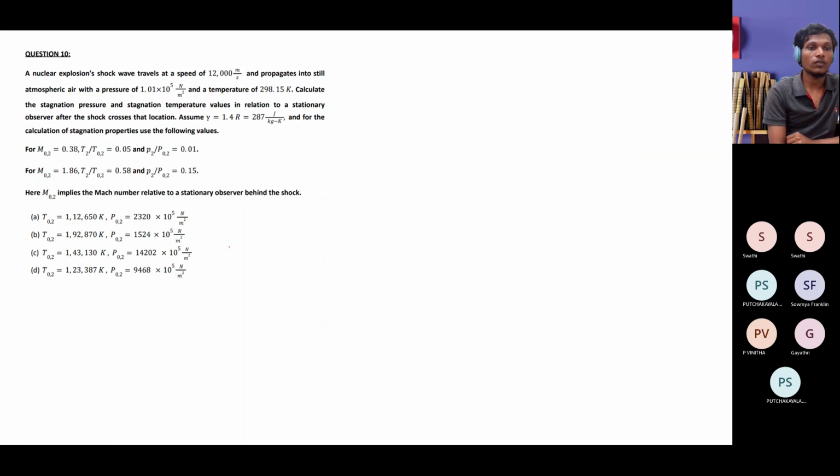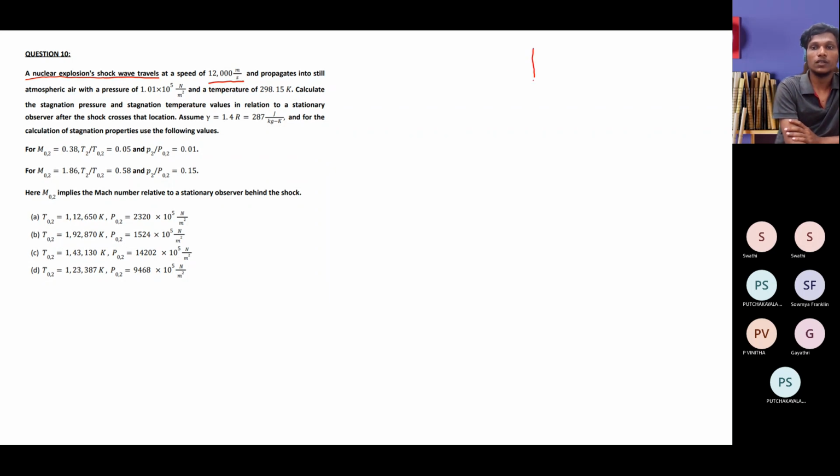So in this question, let me read it and then we can discuss it. We have a nuclear explosion shock wave. The shock wave is traveling at a speed of 12,000 meters per second, that is approximately 12 kilometers per second, and it is propagating into still atmosphere.